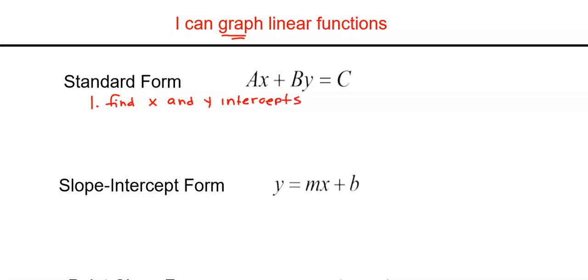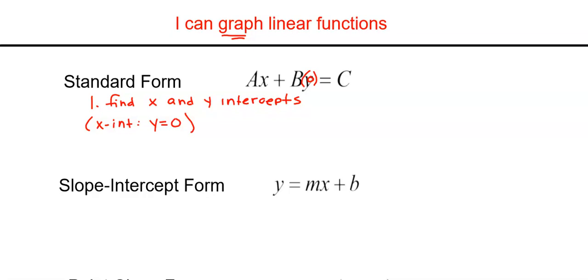Find the x and y intercepts. You can do that by doing this. Your x-intercept is found when y equals 0. Okay? So you can replace your y with a 0, and then you can figure out from there what your x-intercept is.